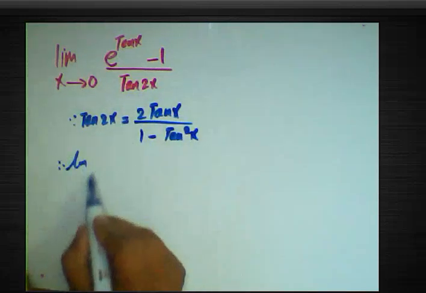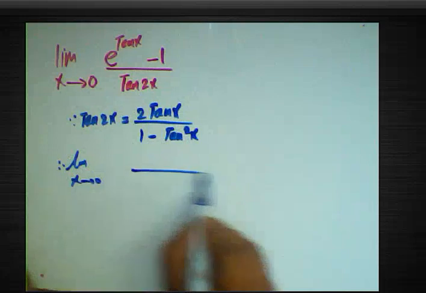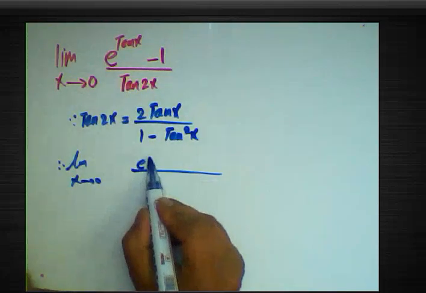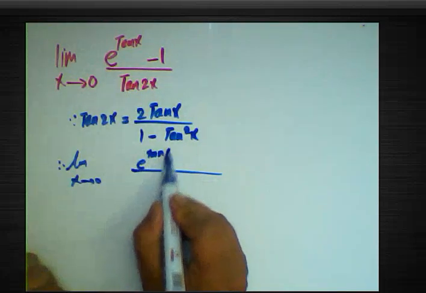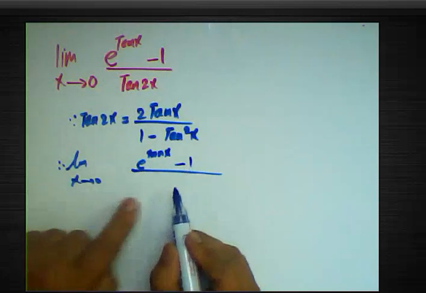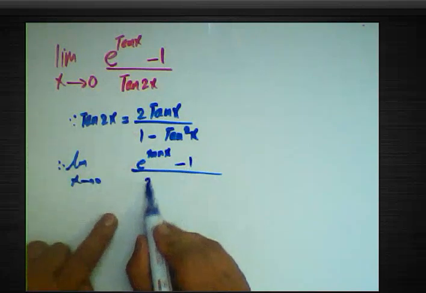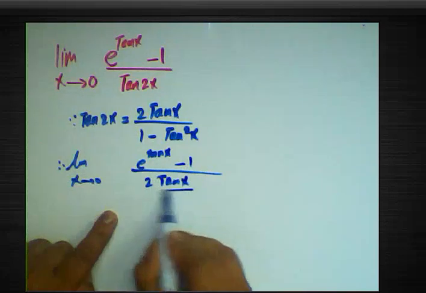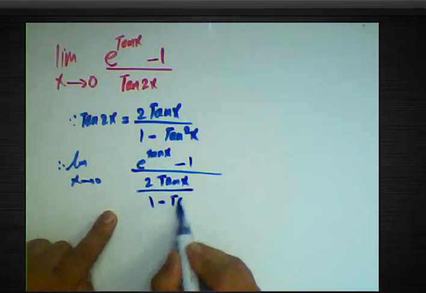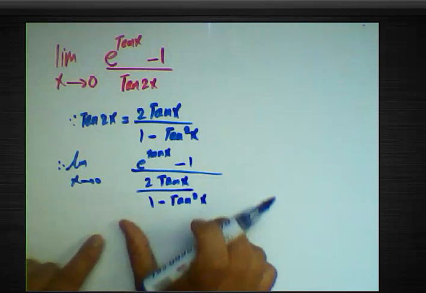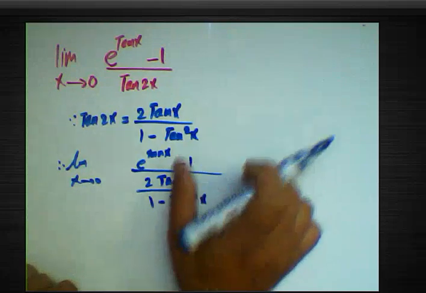Then the limit when x approximates to 0, about e power 10x minus 1 over tan x, we can write 2 tan x over 1 subtract tan power 2 x and write this denominator up.